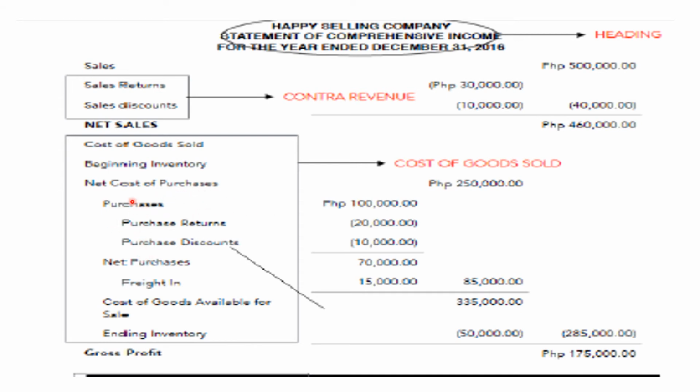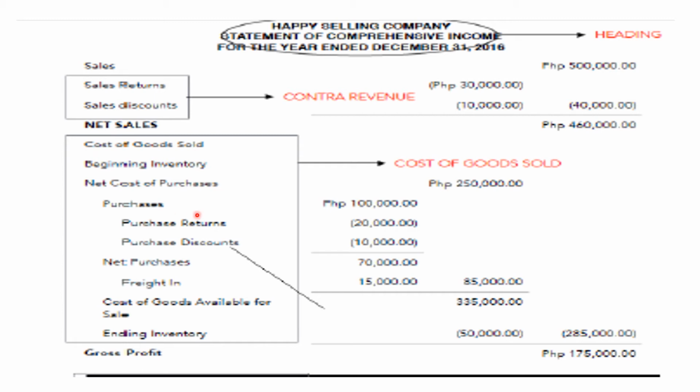we have first to determine the purchases. So the purchases amount is 100,000, the purchases return is 20,000, and the purchase discount is 10,000. The purchases is the amount of goods bought during the current accounting period.